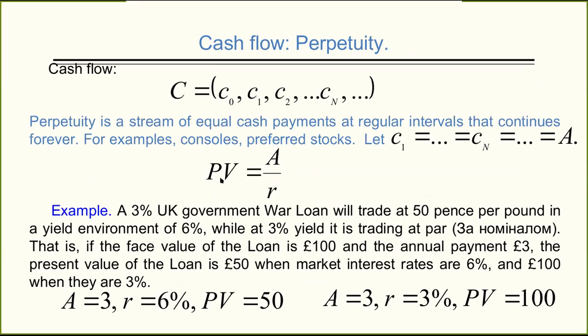PV is present value at the beginning of the period, and if you put it in your bank account, at the end of 1 year it will be PV multiplied by 1 plus R. So you should subtract A, and the result may be PV. And from this equation, you should find PV.